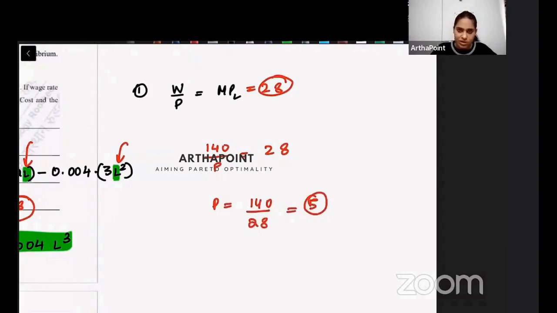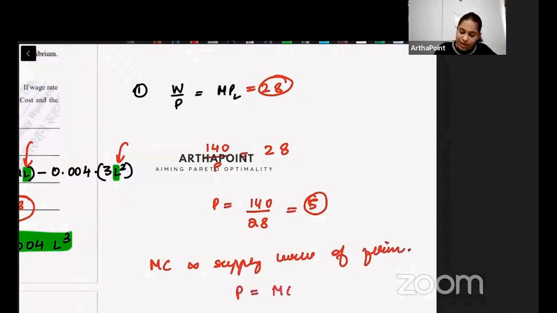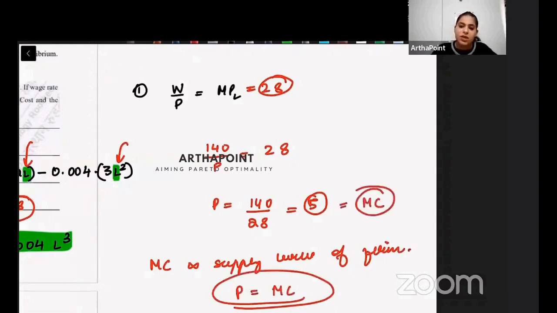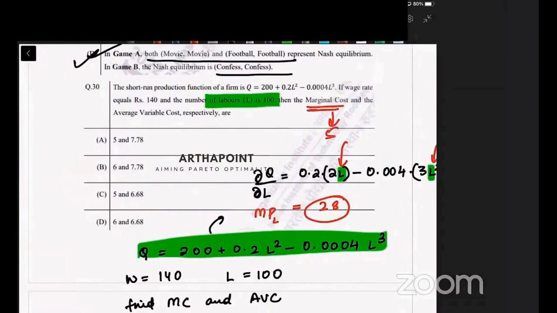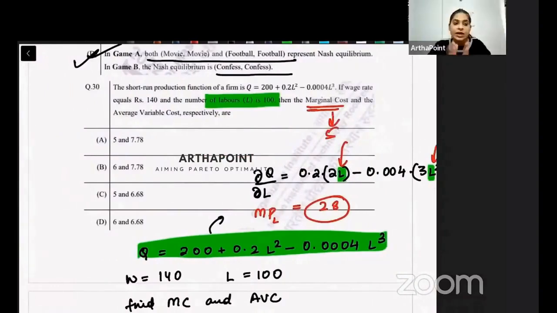We use the property that marginal cost is the supply curve of the firm, which means P should be equal to MC for this firm. So marginal cost will also be 5. That's the first thing you have solved. The marginal cost of the firm is 5.